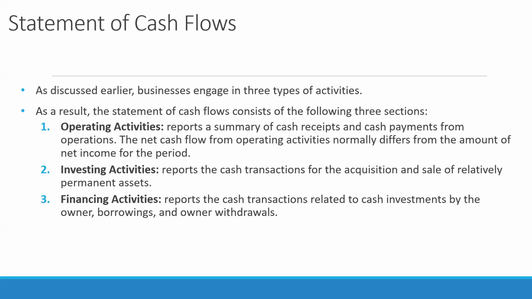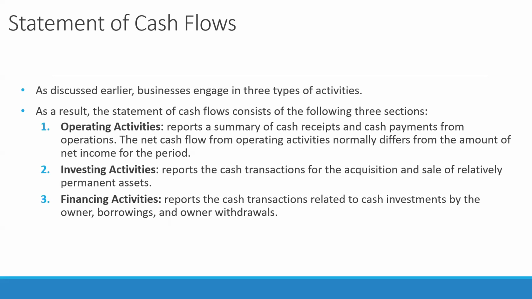And then financing activities are payments to and from owners, and also taking out or paying back loans. That's going to go in your financing activities. Important to note, but not for this chapter, is that the initial borrowing of money from the bank would be a financing activity.